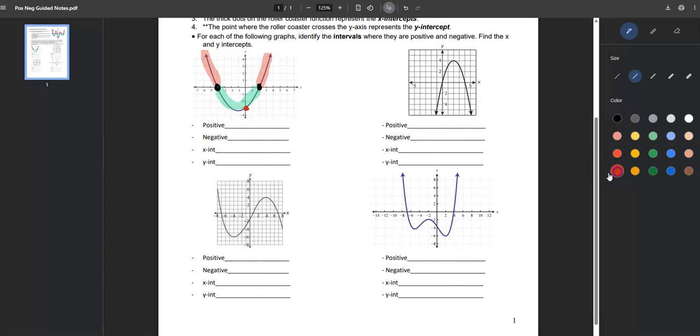And so here is how we're going to do this. My positive sections are these 2, and it is going to be everything from this point to the left and everything from this point to the right, if you want to think of it that way. So everything here is positive. I always work left to right.